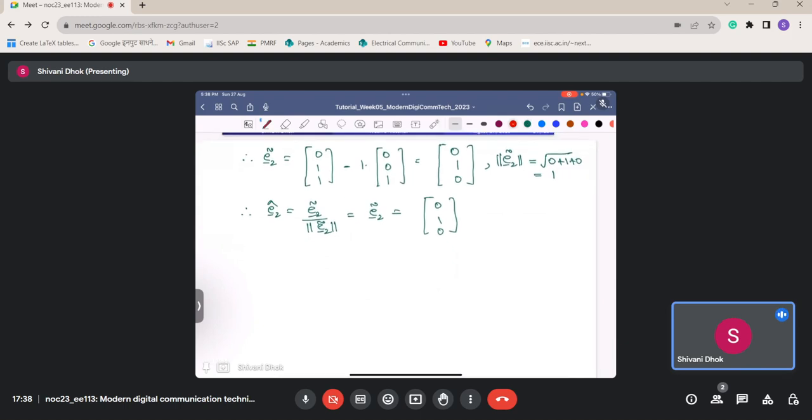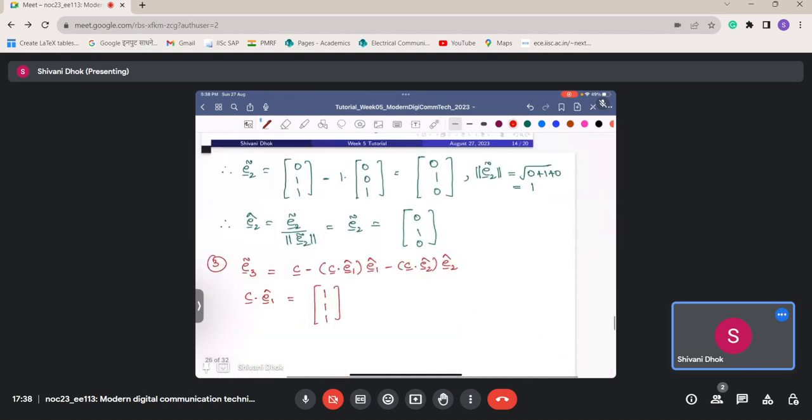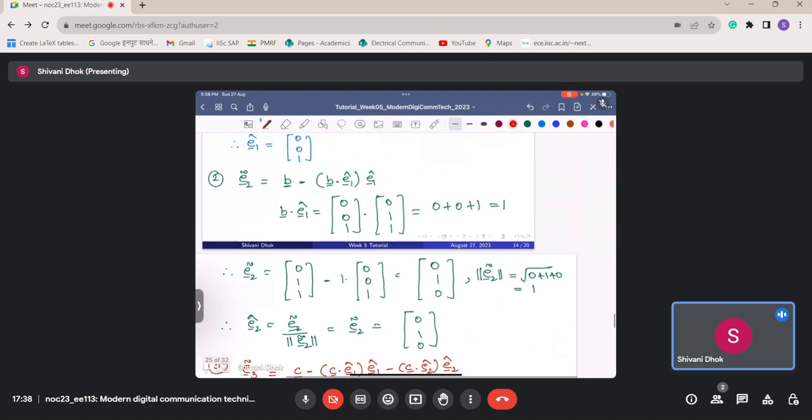Okay, now in similar fashion, let us consider the third basis vector. So this is e3 tilde. This will be equal to C minus C dot e1 hat into e1 hat minus C dot e2 hat into e2 hat. So now let us look at C dot e1 hat. This C is (1, 1, 1), and e1 is simply (0, 0, 1).